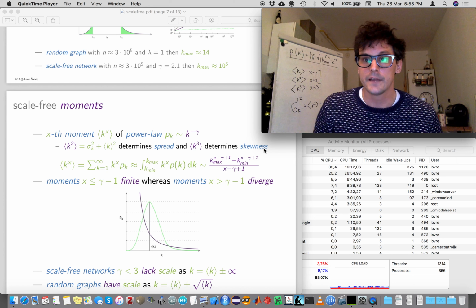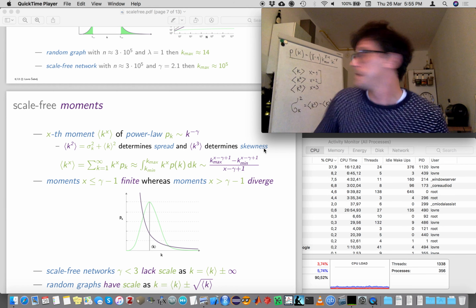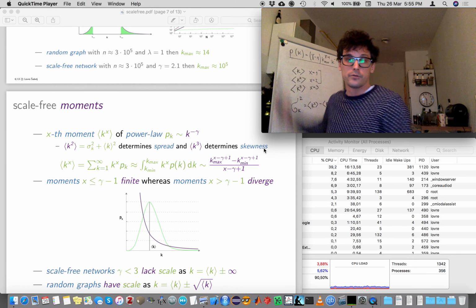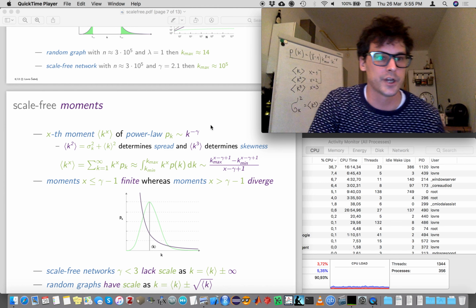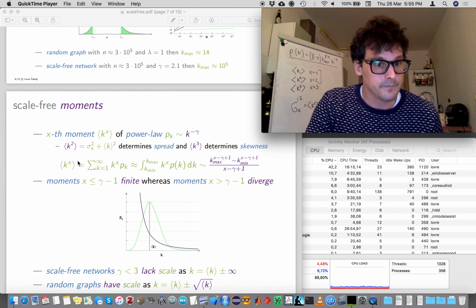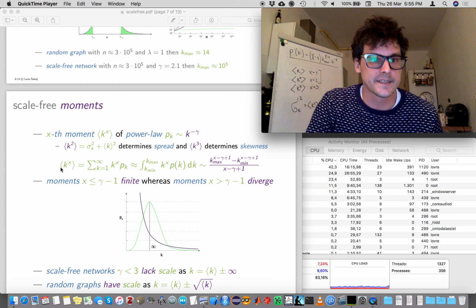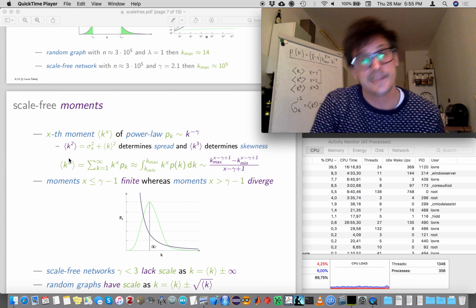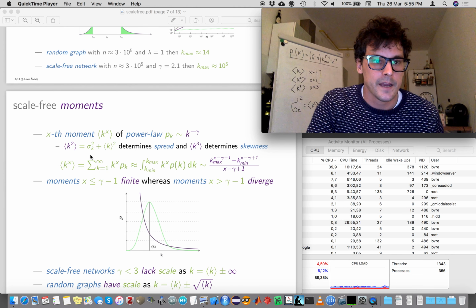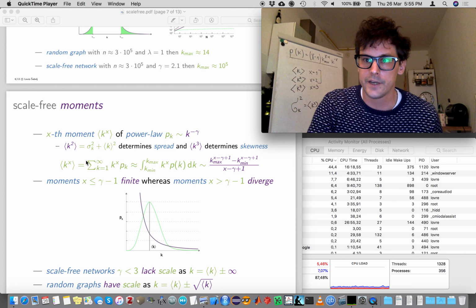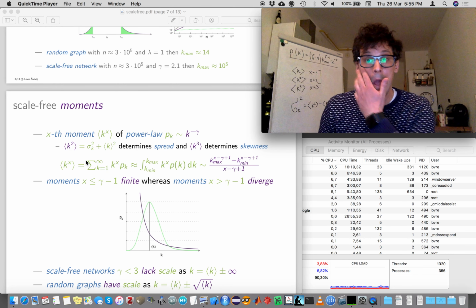Now, to compute the values of different moments for a continuous power law degree distribution, we take the expected value of the x moment. Here is the exact computation using the theoretical power law.